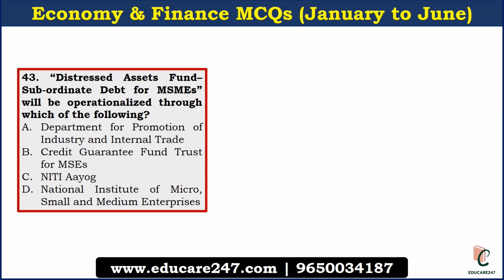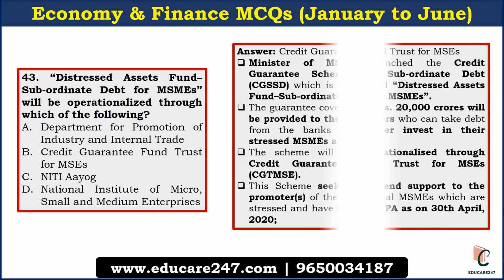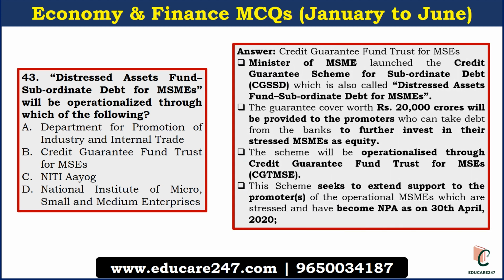The next question is: distressed assets fund subordinate debt for MSMEs will be operationalized through which of the following? The answer is Credit Guarantee Fund Trust for MSMEs. Basically, the Minister of MSME launched the Credit Guarantee Scheme for Subordinate Debt, and this is also called Distressed Assets Fund Subordinate Debt for MSME. The guarantee cover worth 20,000 crore will be provided to the promoters.